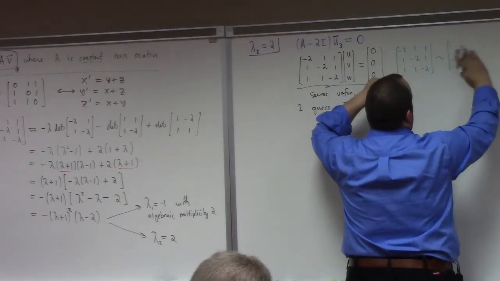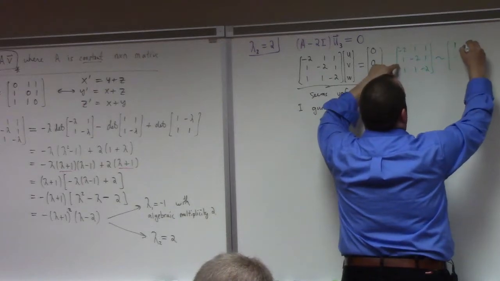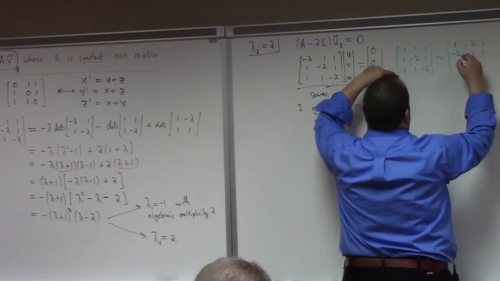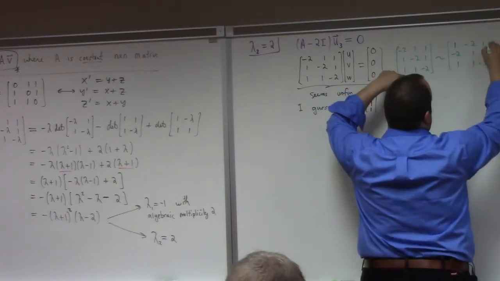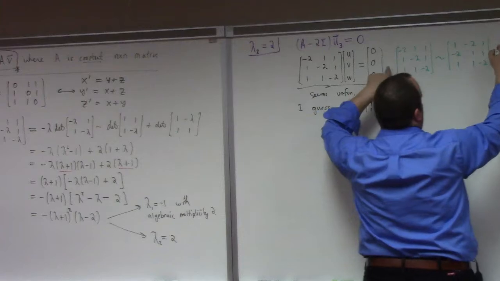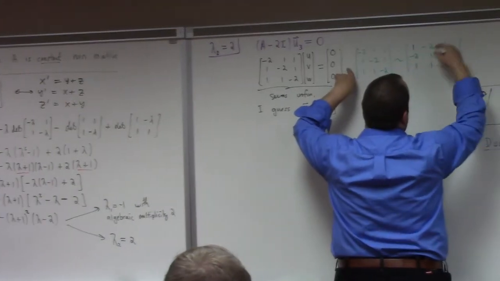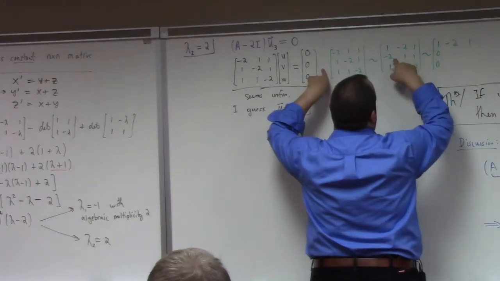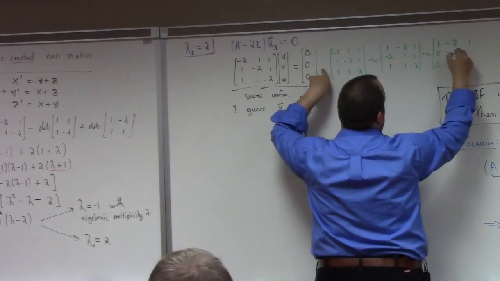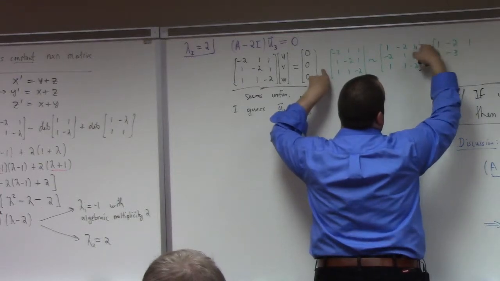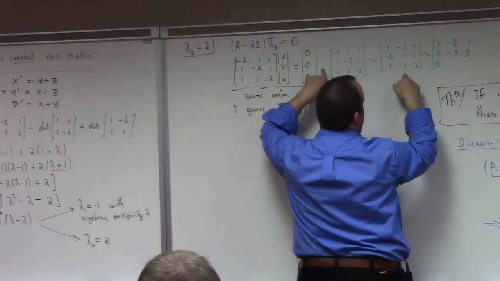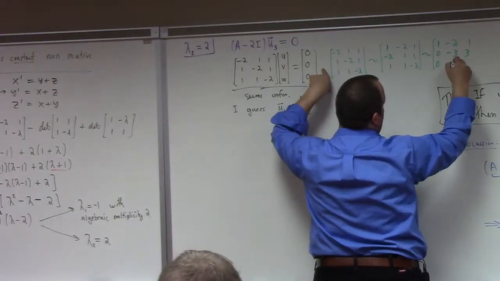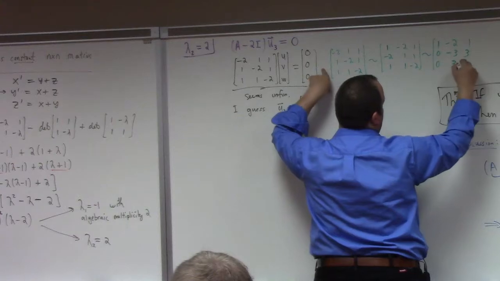I guess my first move would be to move this up here. You can switch rows. Otherwise, I'm going to have to deal with fractions. I can't stand fractions. So I switched row 1 and row 2, and then I clear that 0 out. So I added 2 times that, so that gives me minus 3. I subtracted the first from this, so that gives me 3 and minus 3.